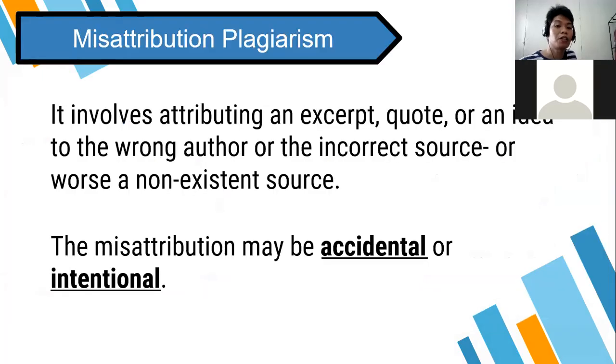Next is misattribution plagiarism. It involves attributing an excerpt, quote or an idea to the wrong author or the incorrect source, or worse, a non-existent source. So misattribution may be accidental or intentional. It could be that you used a statement in your research article or research paper and then you cited the wrong author.